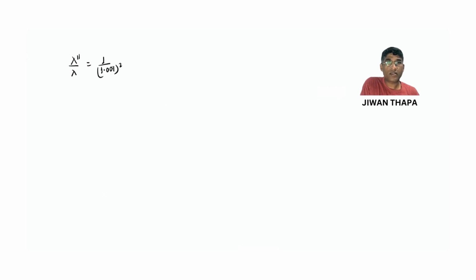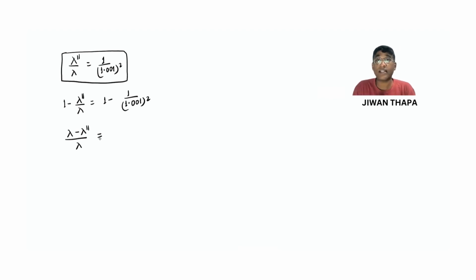Let us simplify this expression. So I'm writing it this way: 1 minus lambda double dash by lambda equals 1 minus 1 by 1.001 all square. The left hand side gives lambda minus lambda double dash by lambda.